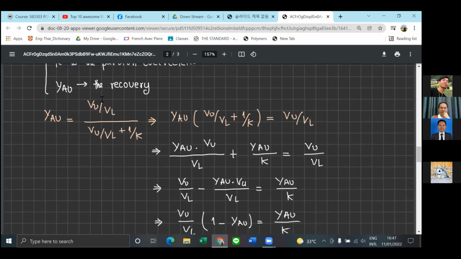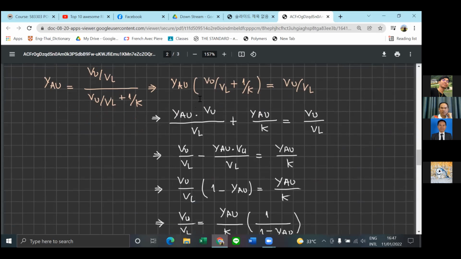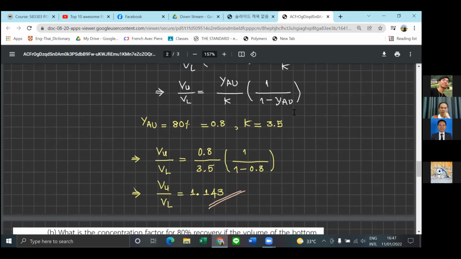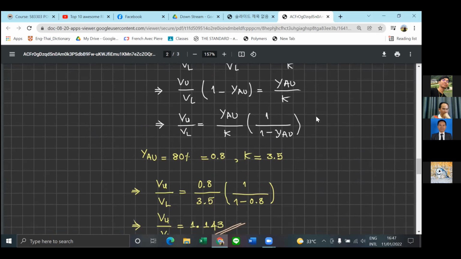So we want VU over VL only, so we separate it from the equation. After a little bit of mathematical manipulation, I got VU over VL equals the recovery over the partition coefficient, divided by this term.